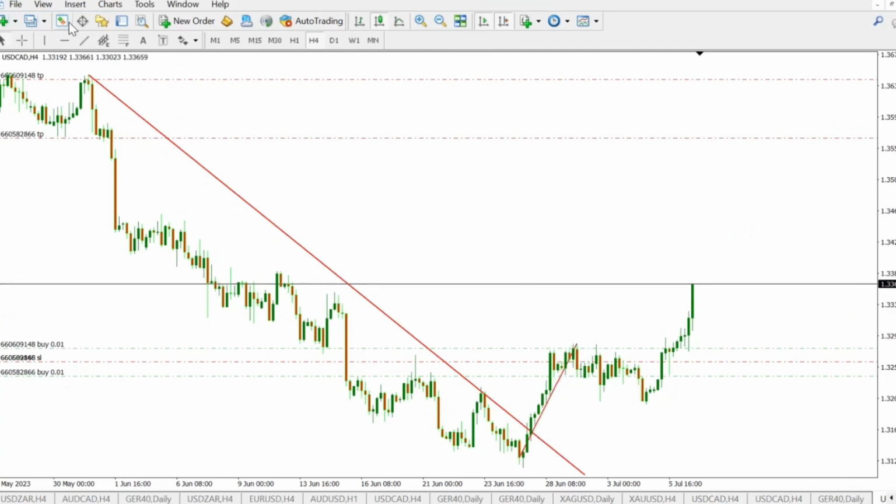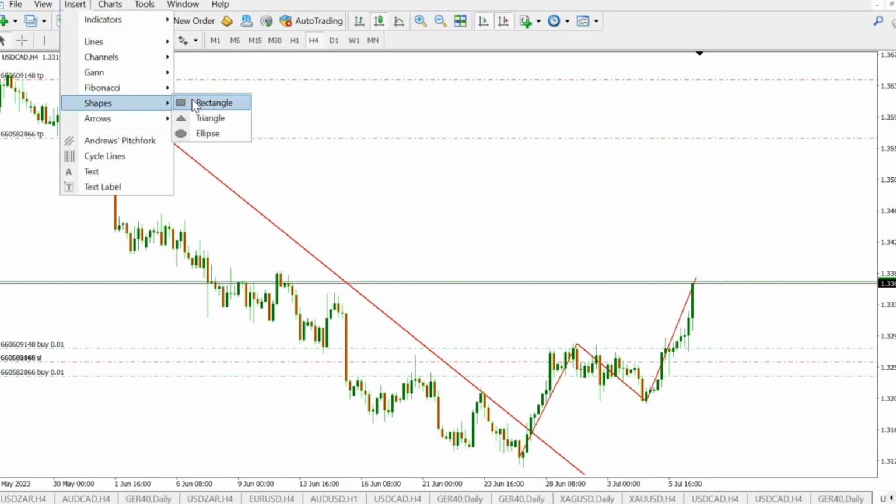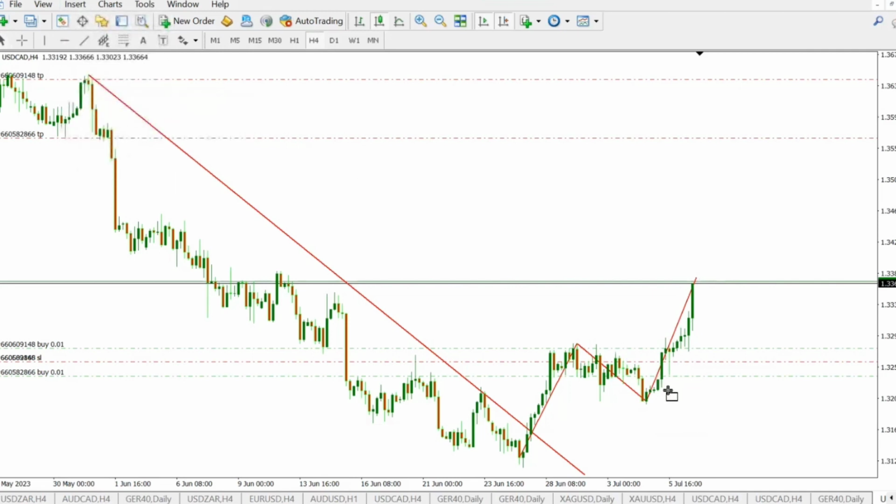At this point, I was waiting for the market to retrace and give me a confirmation to go long. So it retraced, and the market gave me a confirmation, as it showed me bullish momentum, which is the reason why I entered my first buy right here. This was my first buy.